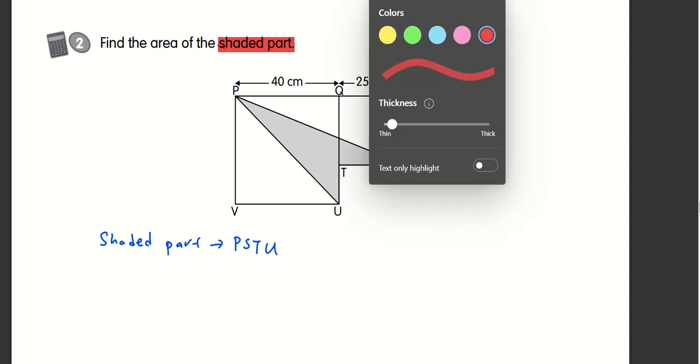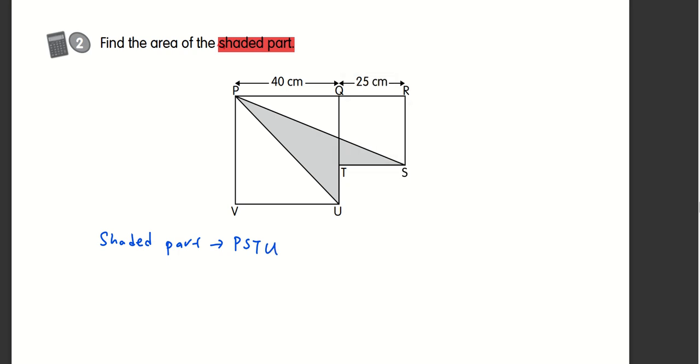If I were to outline the shape, it goes P to S to T to U. It's an arrow-looking shape that's pointing towards the left at P. So you have this whole shape, and you want to get this shape. By now, many of us will understand I need to use the whole minus some unshaded parts.